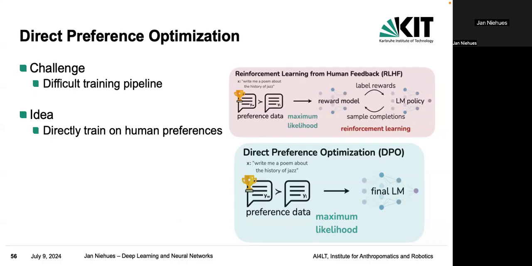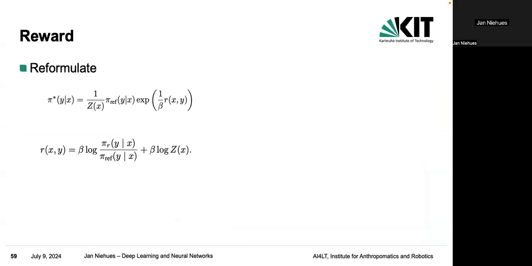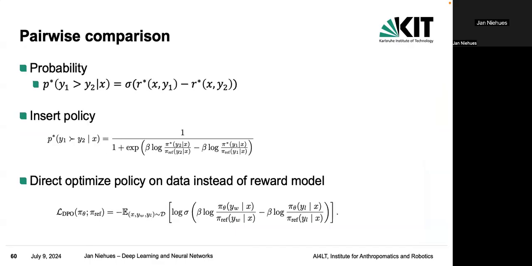Yes? How can you directly make the rating of the model better, or how do you formulate the task again? I mean, this is the loss, so you want to minimize this type of loss relative to your reference model, and this is now the expectation value on this training data. So you have the training data, and then this is your loss function that you want to use, which is based on the probability of your model and the probability of the reference model, so the initial one.